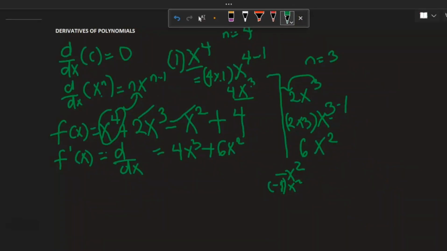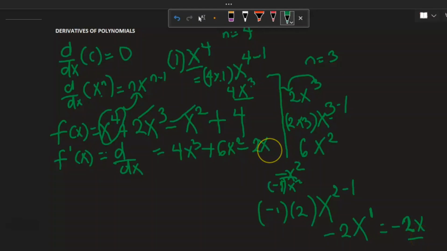This will give me minus 1 multiplied by the power, then the variable 2 minus 1. That will give me minus 2x raised to power 1. And we know x raised to power 1 is the same thing as x. So this simply means this is negative 2x. So my answer here is minus 2x.